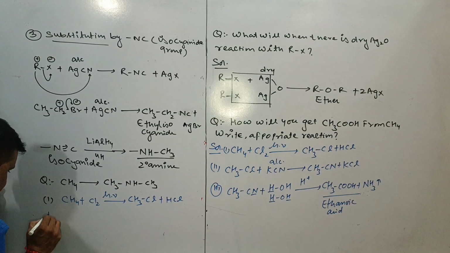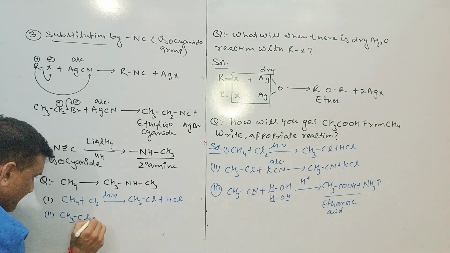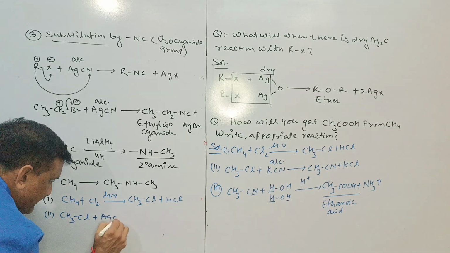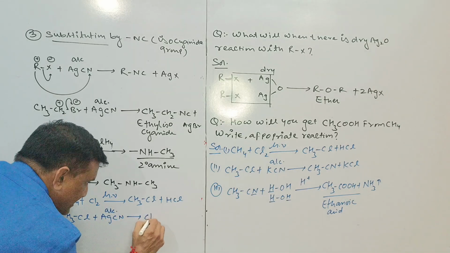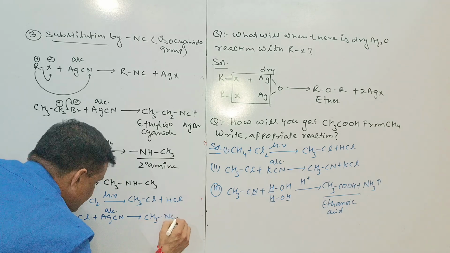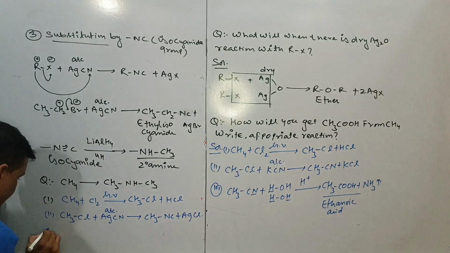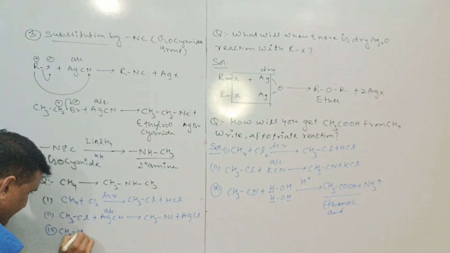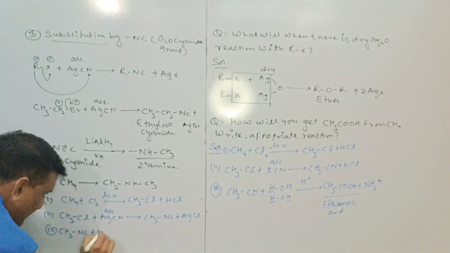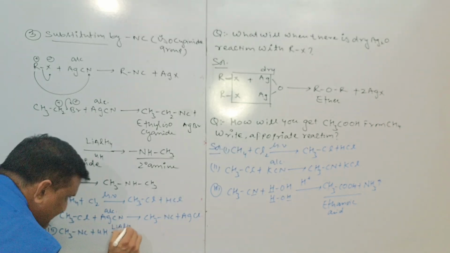After that, in the second step, CH3Cl will react with alcoholic AgCN. Here will be formation of CH3NC plus AgCl. And in the third step, you can take CH3NC with 4 of H in the presence of LiAlH4.